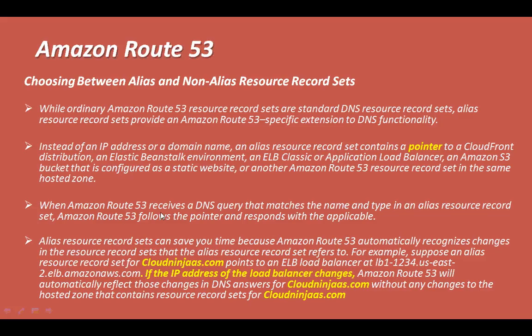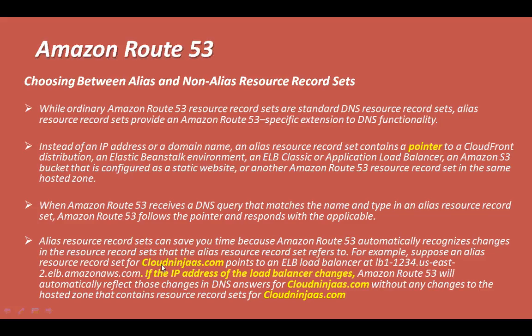So when Amazon Route 53 receives a DNS query that matches the name or type in the alias record set, so let's say it is for the Elastic Load Balancer or Amazon S3 bucket or Elastic Beanstalk, it will just follow the pointer and respond with whatever is applicable.